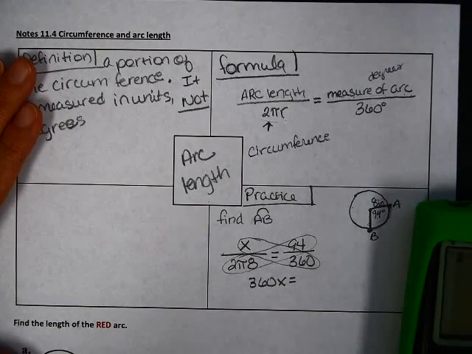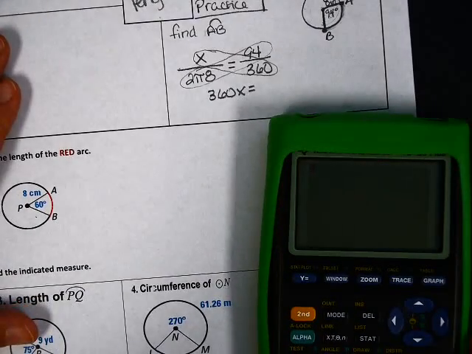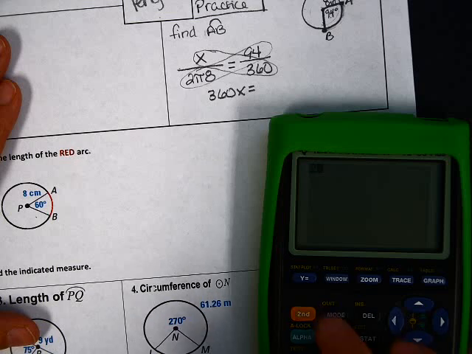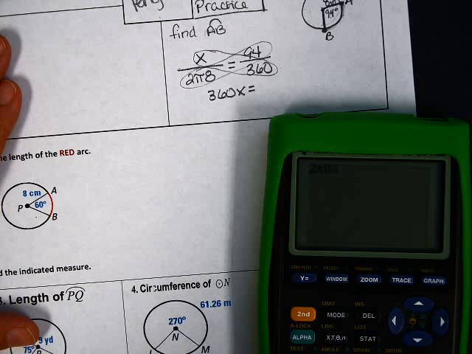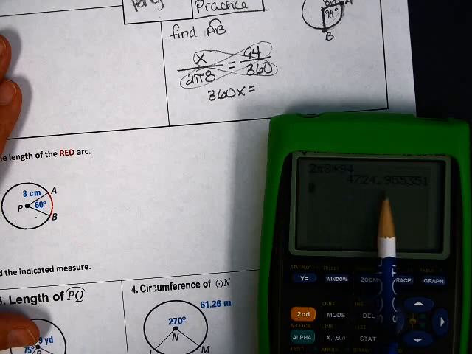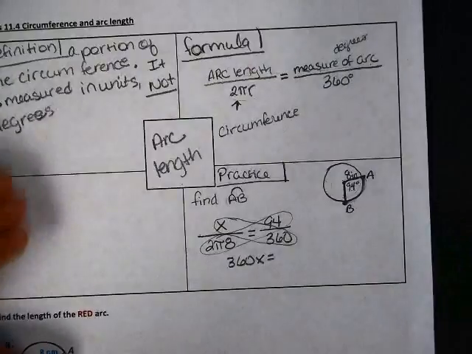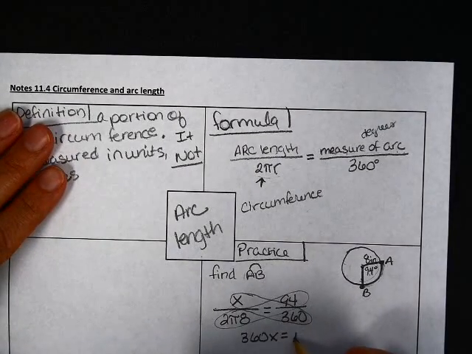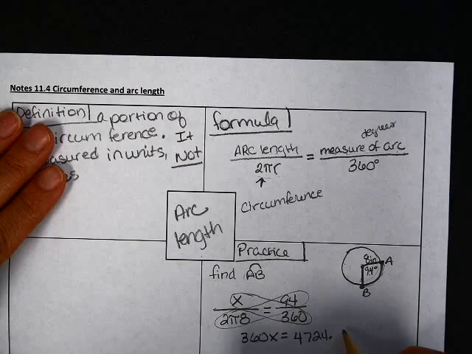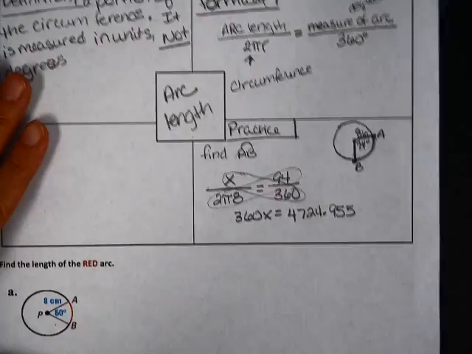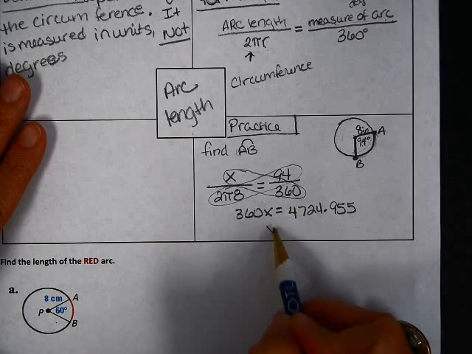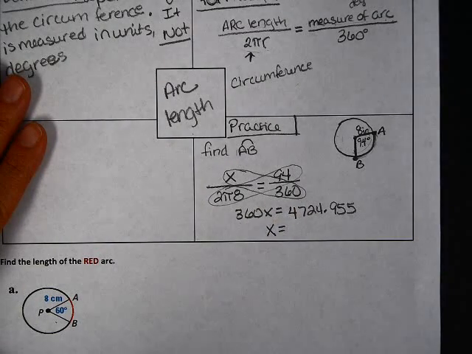So in our calculator, I'm going to type in 2 pi 8 times 94, and I get a rather large number, 4,724, and I don't think you can see that very well in that recording. 4,724 point 955. All right, and the last step is to divide by 360.